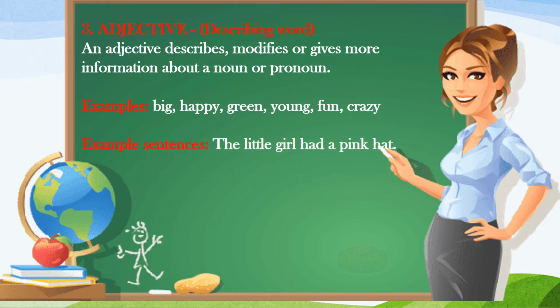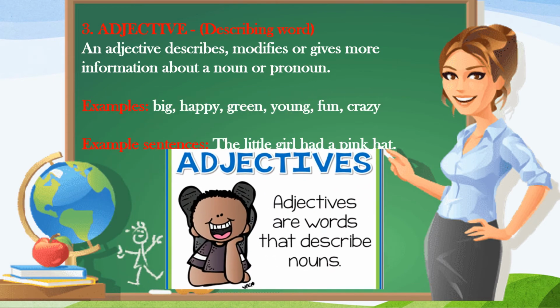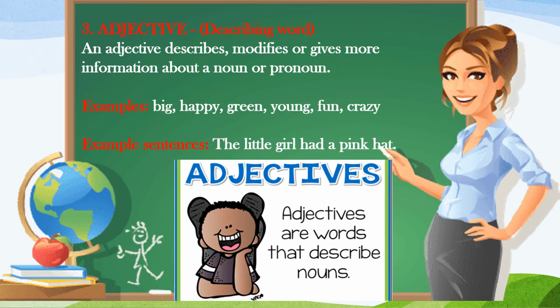Let's see this example. The little girl had a pink hat. So how many adjectives do we have here? Yes, correct. The word little and the word pink. So again, adjectives are words that describe either a noun or a pronoun. I can say she is beautiful.